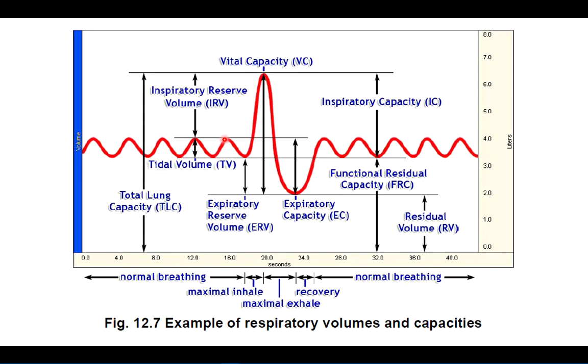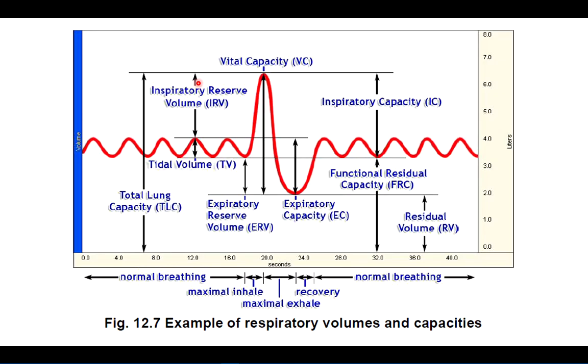Now, if we were to measure from the end of a normal inhale, that would be this line, this peak right here. After a normal inhale, if we then ask the person to inhale further, as much as they can, that would be up to this point.